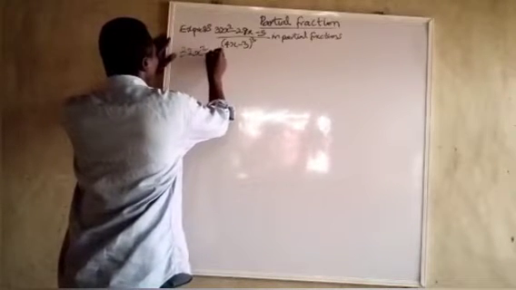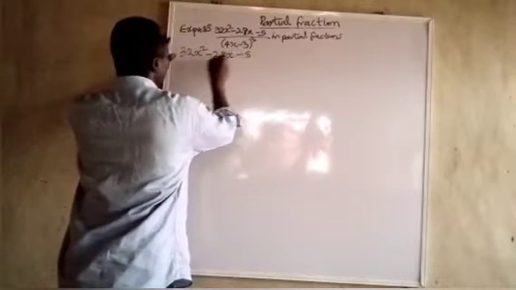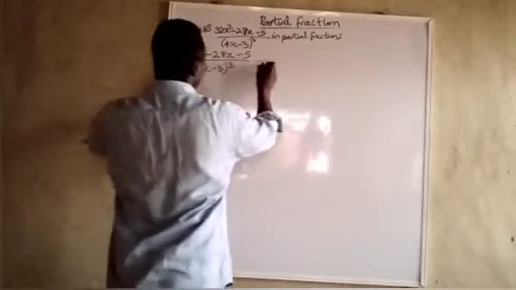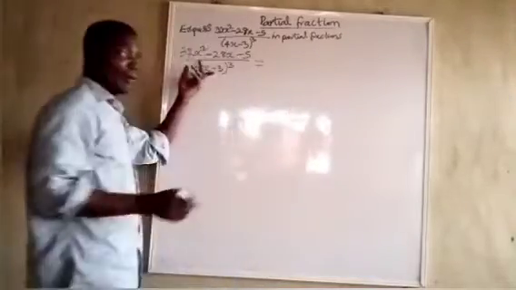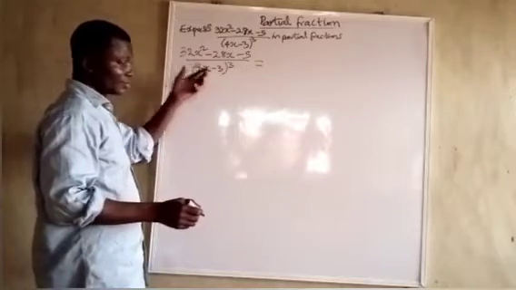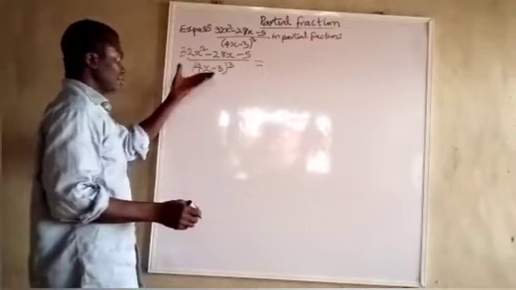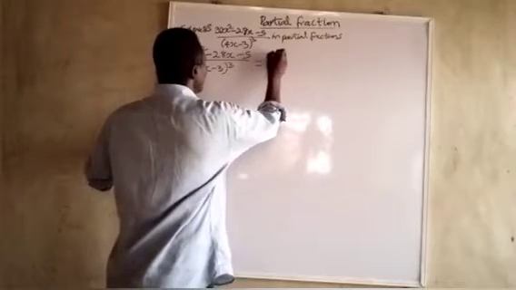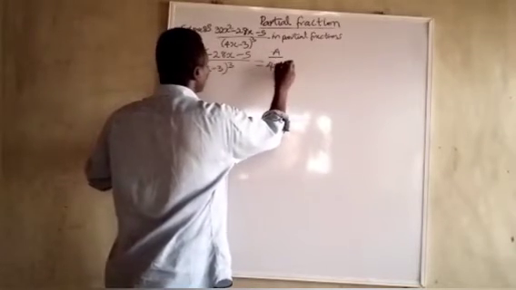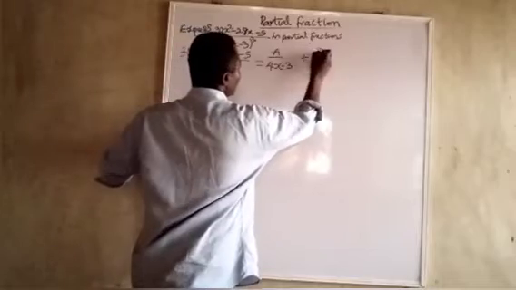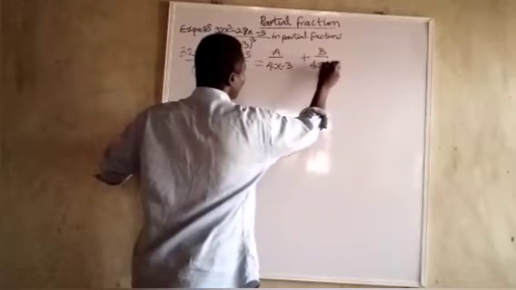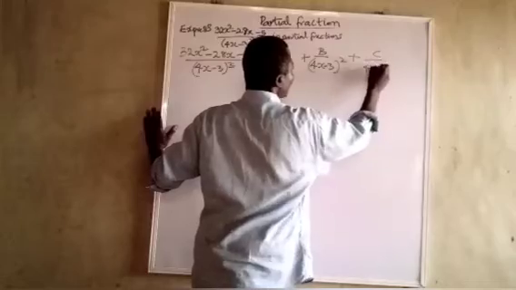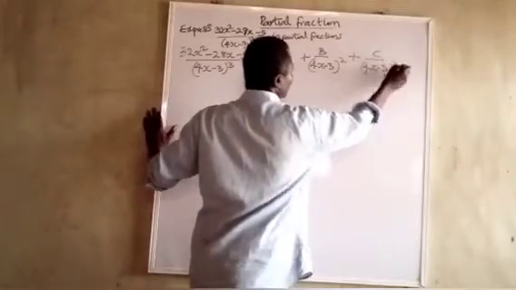Since the power of the denominator is a linear thing, we are going to have a over 4x minus 3 plus b over 4x minus 3 squared plus c over 4x minus 3 cubed.